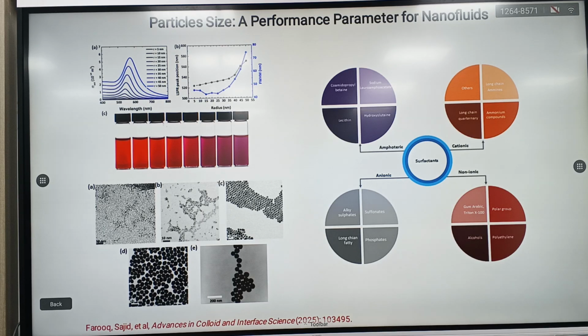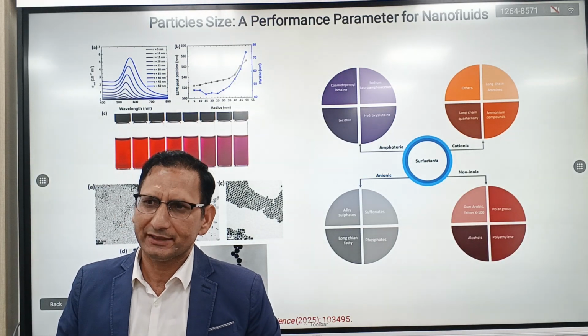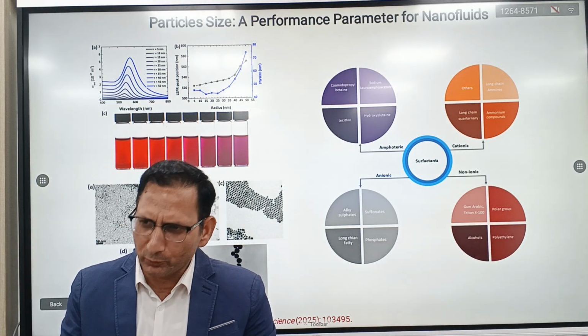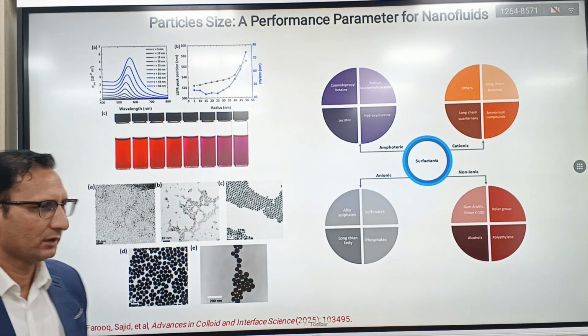So we try to make the spectrum as broad as possible to harvest from 350 to 1200. This is the idea when we use it for a photovoltaic solar cell, or for nanofluid, or any kind of application.